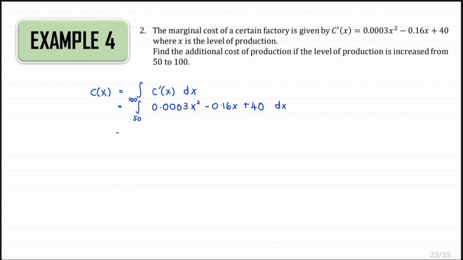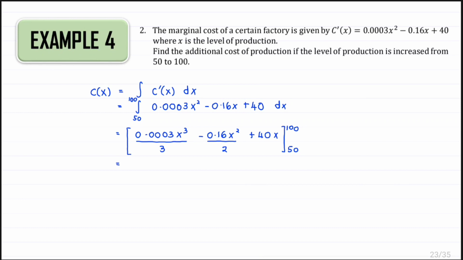Okay, then we integrate, we get 0.0003x cubed over 3 minus 0.16x squared over 2 plus 40x from 50 to 100. We simplify, we get 0.0001x cubed minus 0.08x squared plus 40x.